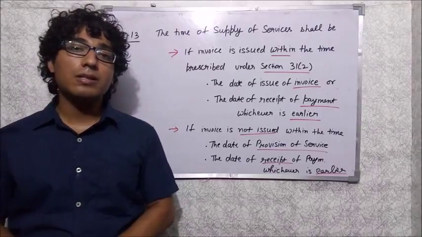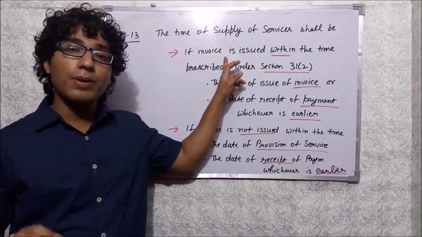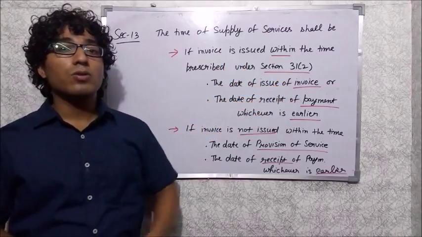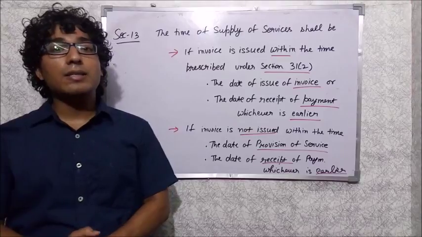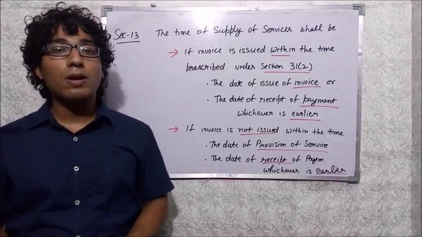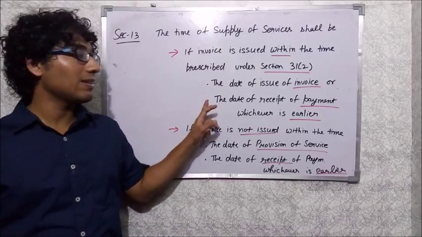The first situation is when the invoice is issued within the time prescribed under section 31 subsection 2. If so, you have to follow this rule.